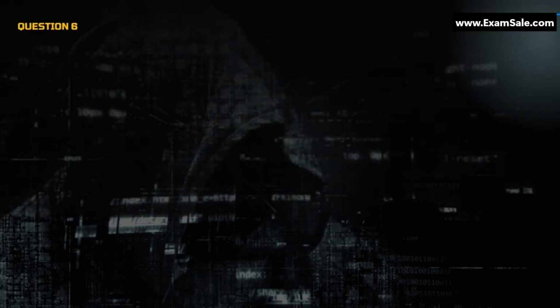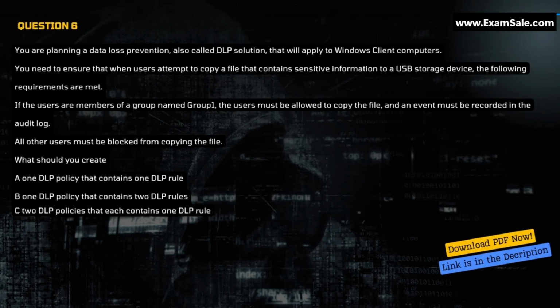Question 6. You are planning a data loss prevention, also called DLP, solution that will apply to Windows client computers. You need to ensure that when users attempt to copy a file that contains sensitive information to a USB storage device, the following requirements are met. If the users are members of a group named Group 1, the users must be allowed to copy the file, and an event must be recorded in the audit log.